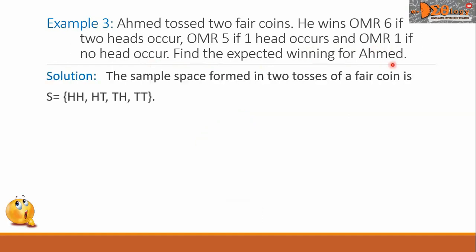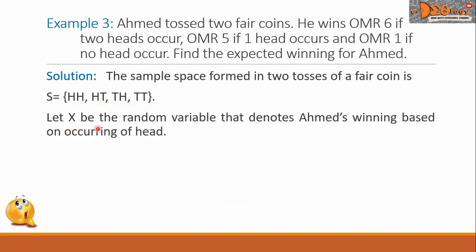For our solution, let us write the sample space. So we have here S equals HH, HT, TH, and TT. We let X be the random variable that denotes Ahmed's winning based on occurring of head.